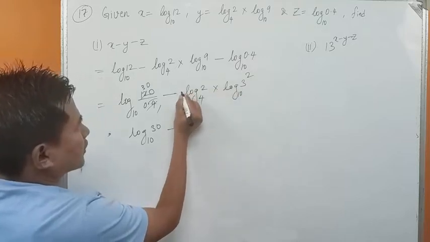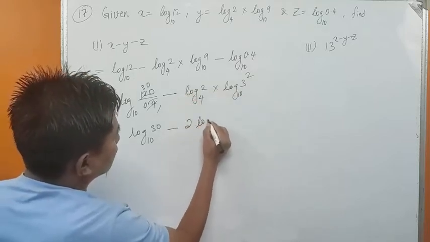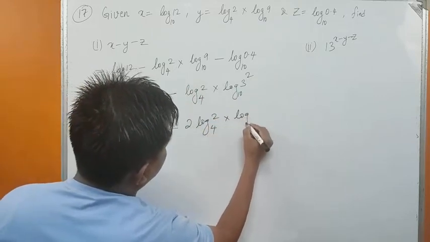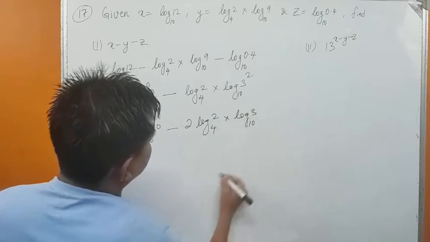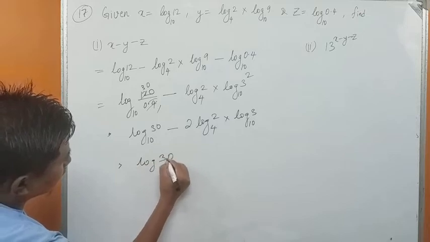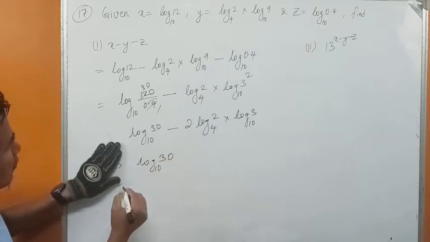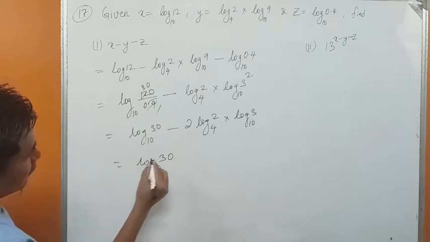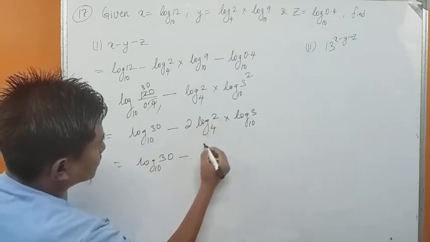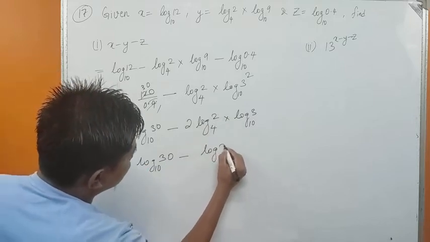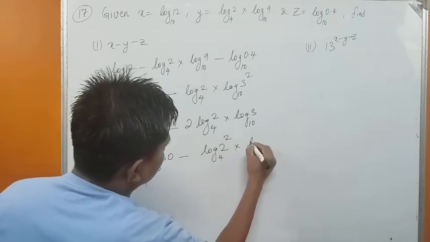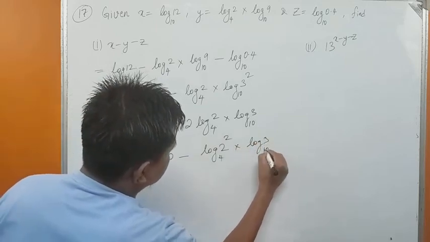Or you can write this number here, 2 log 2 to the base 4 into log 3 to the base 10. So this equals log 30 to the base 10 minus, so 2 you can write here as a power, log 2, this 2 is raised to power here, to the base 4 into log 3 to the base 10.